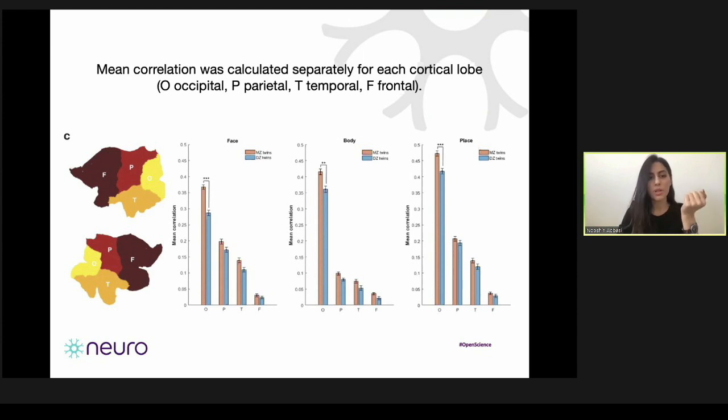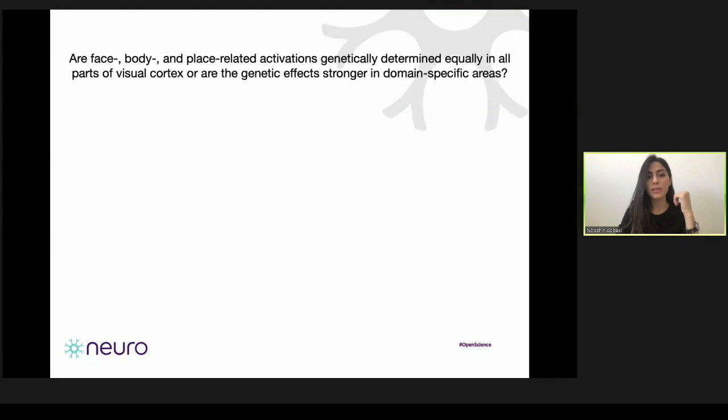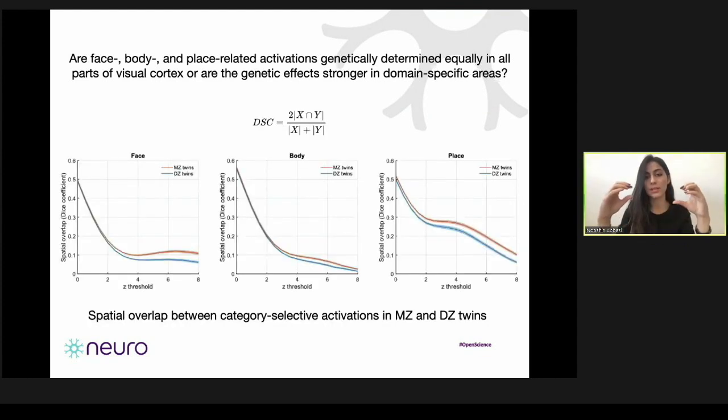So here comes this question: are these category-related activations genetically determined equally throughout the visual cortex, or are the genetic effects stronger in domain-specific, or may I say more selective, areas? To answer this question, we applied a range of thresholds on the Z maps, binarized the maps, and calculated the spatial overlap between a map of a twin and the co-twin in MZ and DZ.